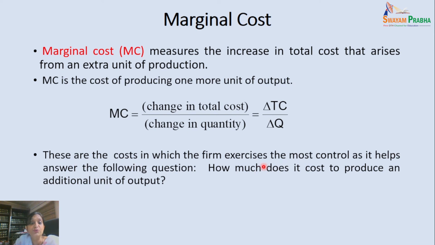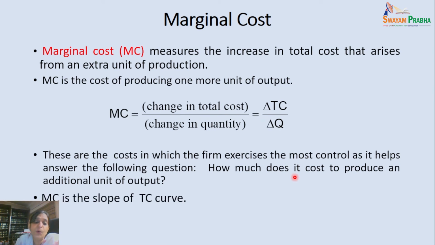Why? Because it helps them answer the question: how much does it cost to produce an additional unit of output? That is, if instead of 10 units I decide to produce one extra unit, how much extra will it cost me will be answered by your marginal cost.